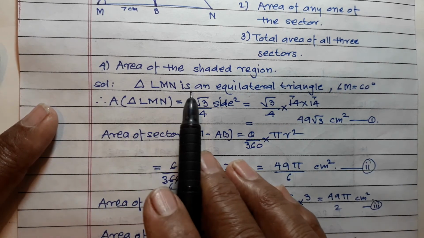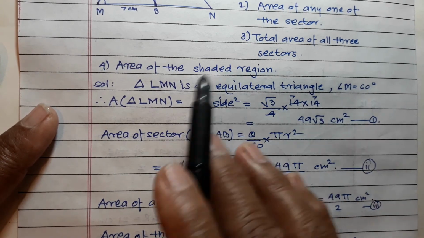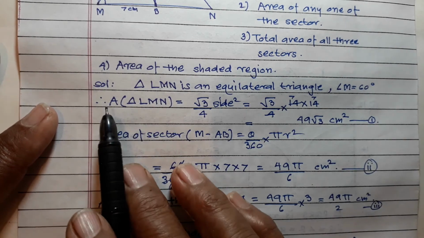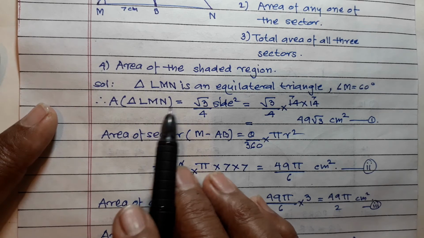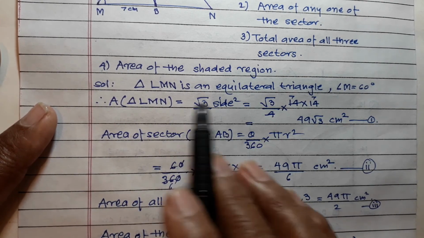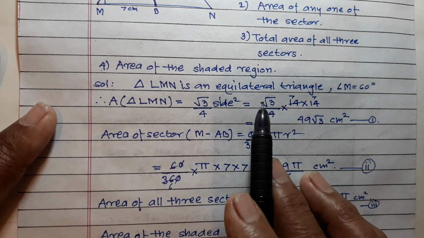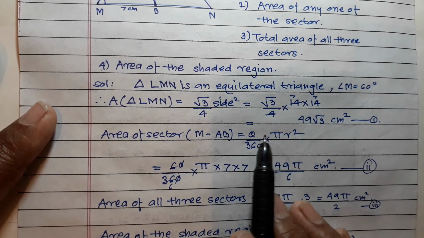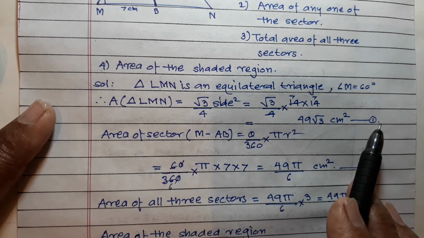Triangle LMN is an equilateral triangle and therefore angle M is equal to 60 degrees, and therefore area of triangle LMN is equal to root 3 upon 4 side square. This is the formula for an equilateral triangle, and is equal to root 3 upon 4 into 14 into 14, which gives you 49 root 3 cm square.